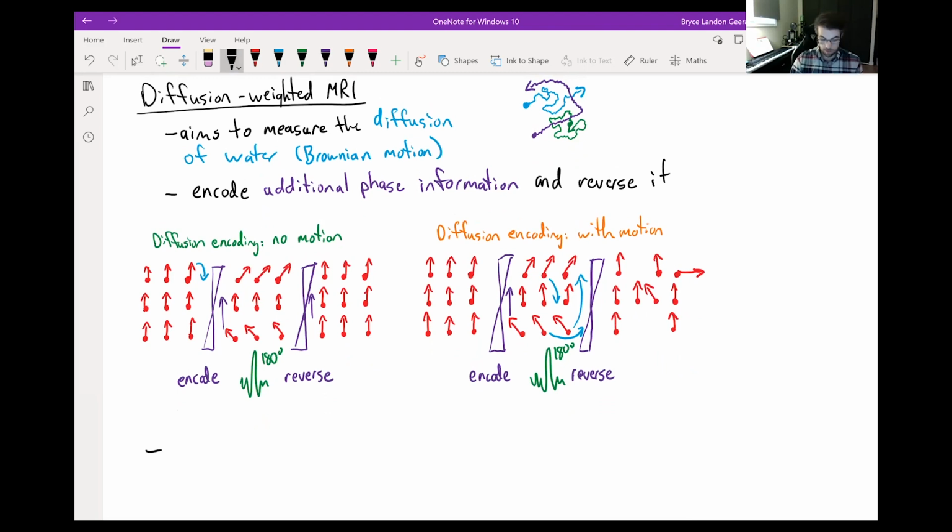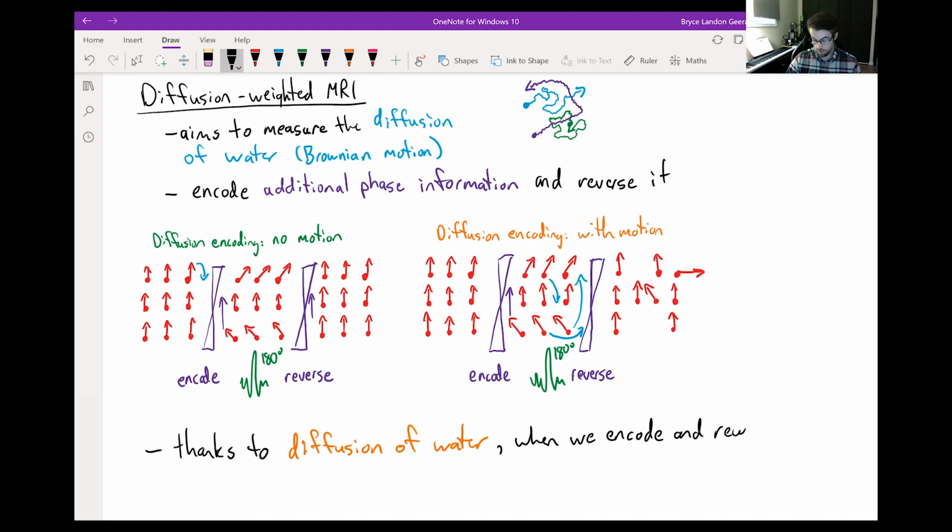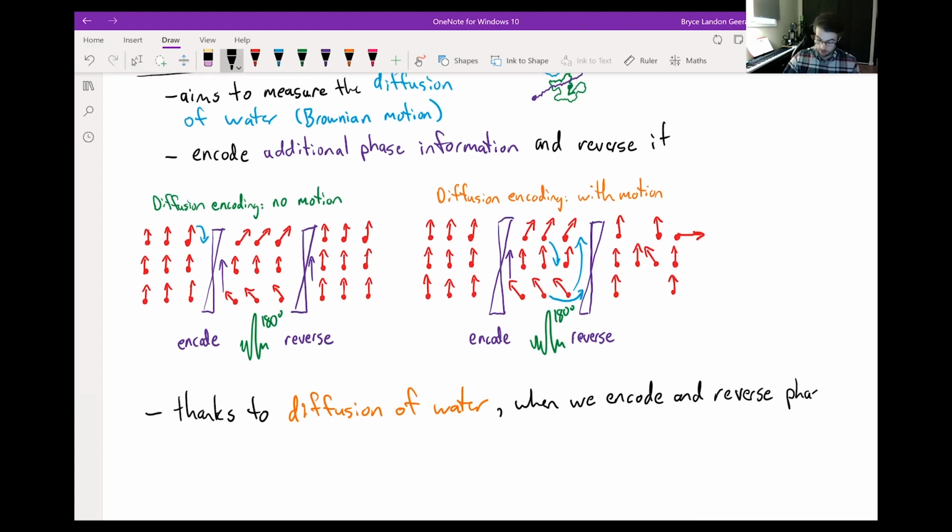So we'll say, thanks to diffusion of water, when we encode and reverse phase in a given diffusion direction, or a chosen diffusion direction, I suppose.